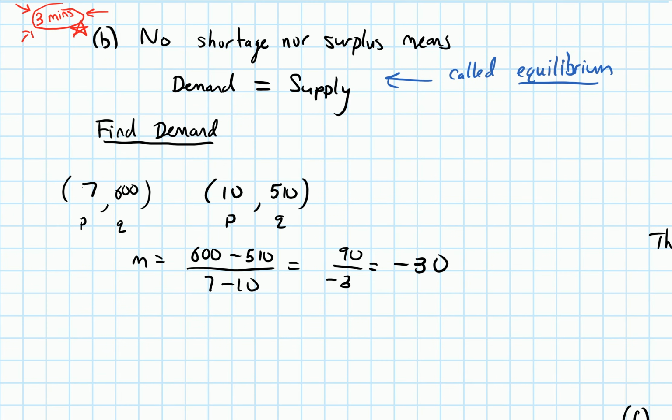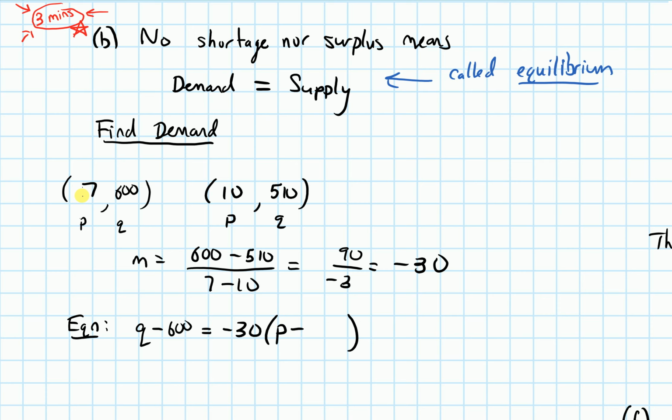And now let's write down the equation. The equation is going to be q minus a certain coordinate equals the slope, negative 30, times p minus a certain coordinate. For these coordinates, I can pick any point that's on the line. So let's just say that I pick the first point. The q coordinate is 600, so that goes after this minus sign.